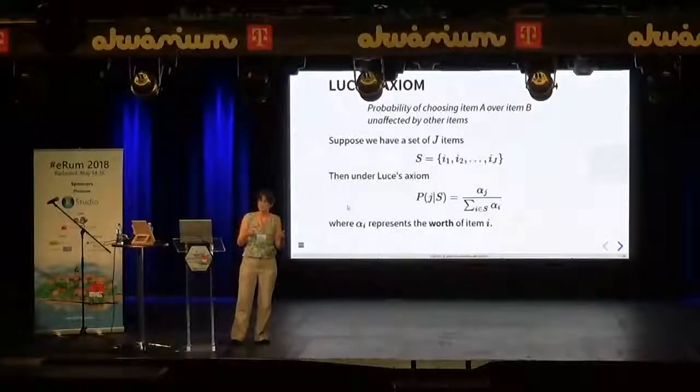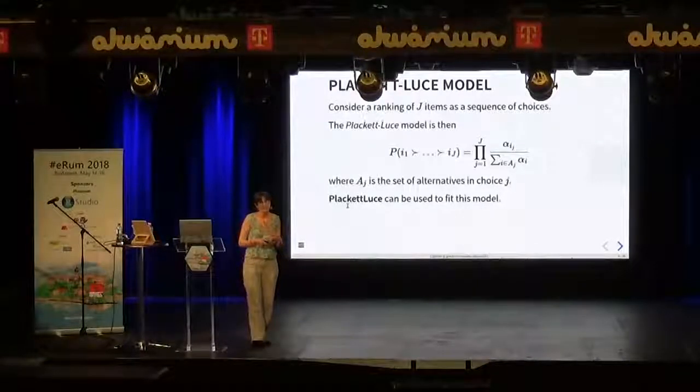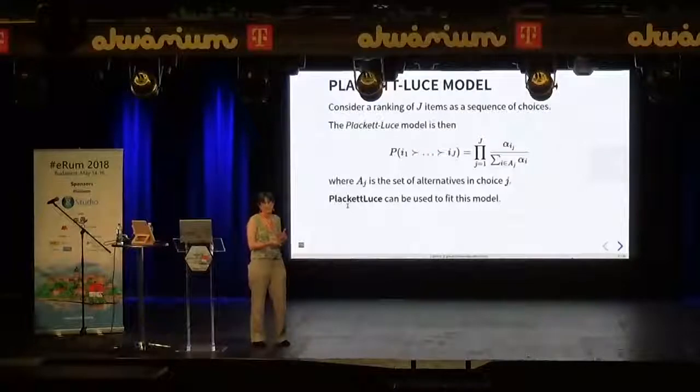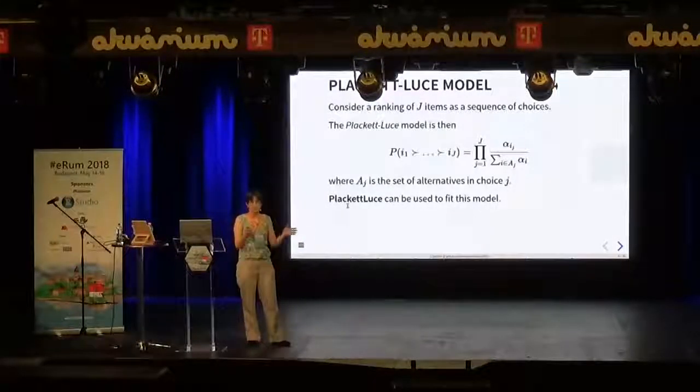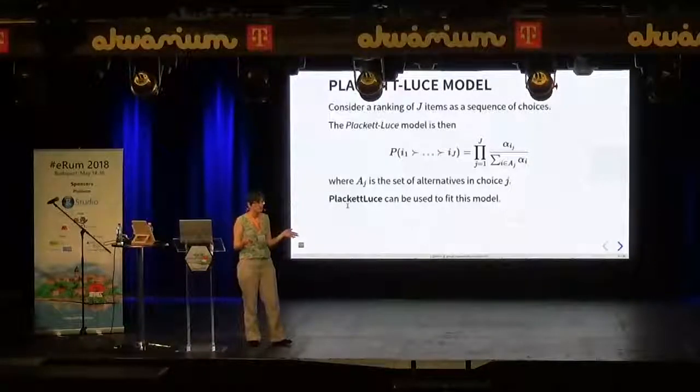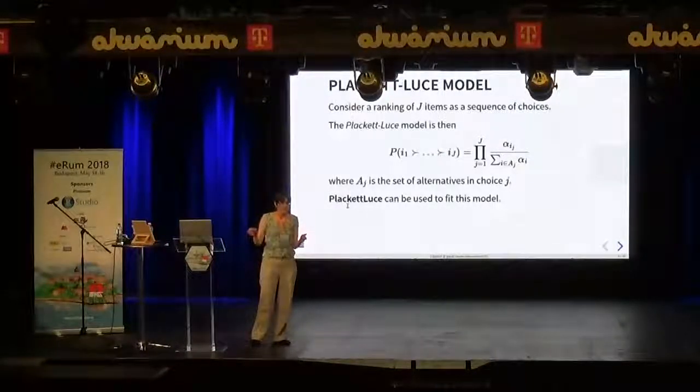So we can build on that by thinking of a ranking as a series of choices. First we choose the first item out of all the possible items. Then once we've done that, we put that to one side and choose the second out of the remaining items.